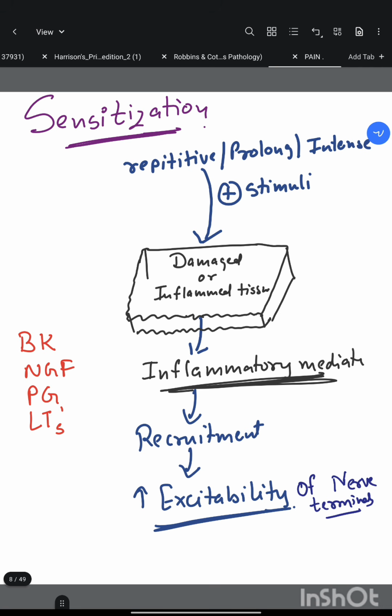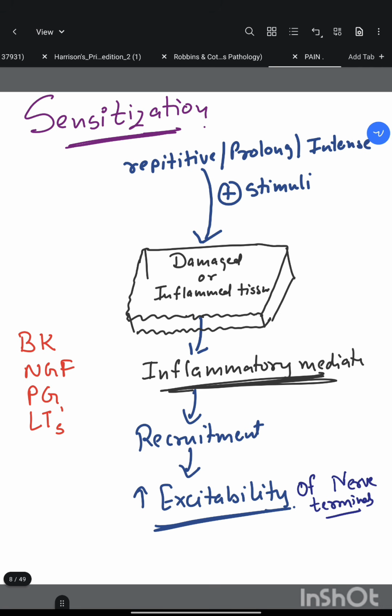If by chance somebody stamps on our foot, what will happen? We'll again have so much pain, even if somebody just touched it. That means that area became sensitized. It is now easily excitable. Even on touching, or on slight painful stimuli, that area is getting excitable and sending pain signals to the spinal cord.